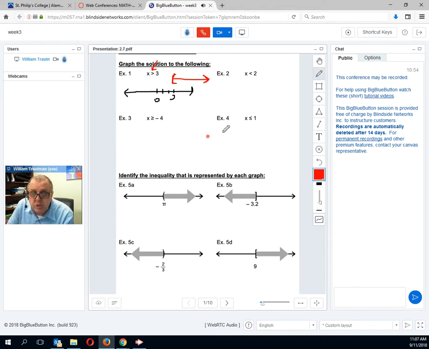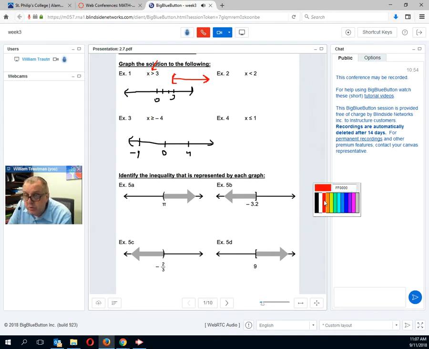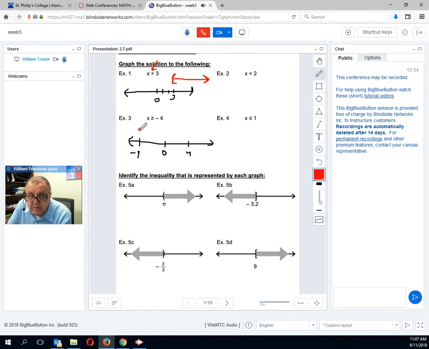Now, problem 2 is a little different because there is an equal sign there. So if I look at problem 2, here's my number line, here's 0, here's 4. On this side is -4. This says x is greater than or equal to -4.